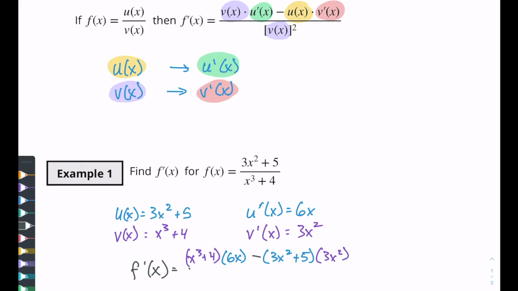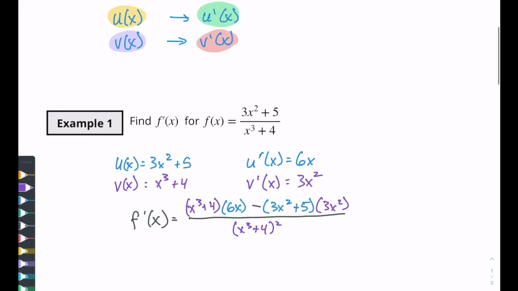And all of that is over our original denominator squared. So our original denominator is v of x, so we'll have x cubed plus 4, squared.